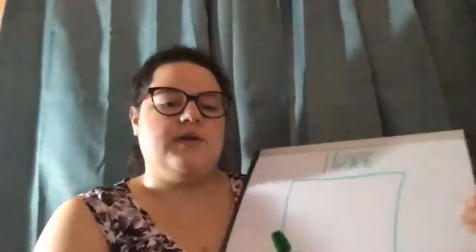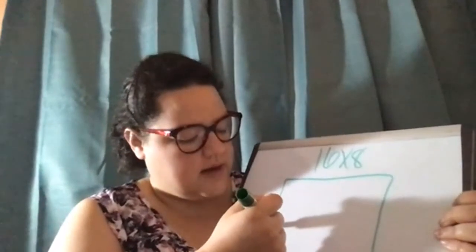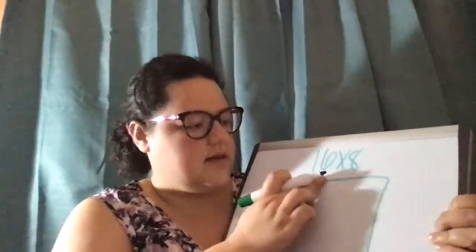Now I can show you what it would look like on paper. If you have graph paper, you would count out 16 by 8. I'm going to just make a rectangle, then mark off my lines.